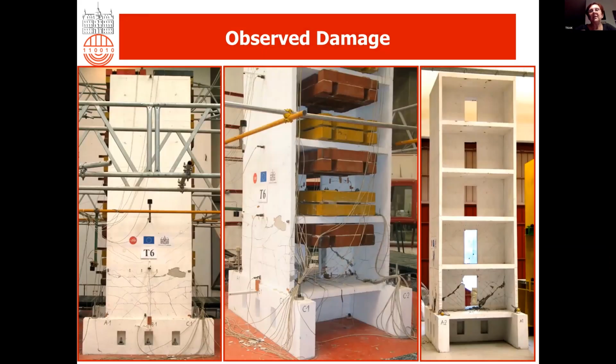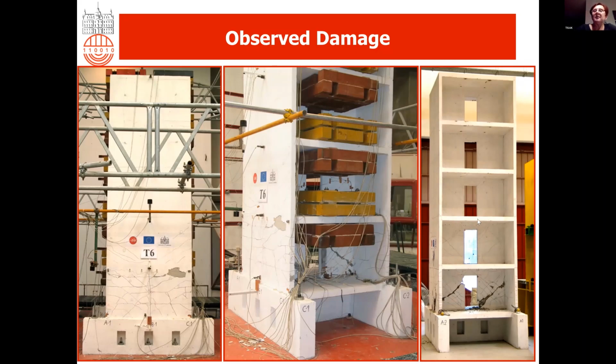We also expected damage of the coupling beams. But surprisingly, you can see from this figure that we obtained shear failure. What was the reason for such behavior?